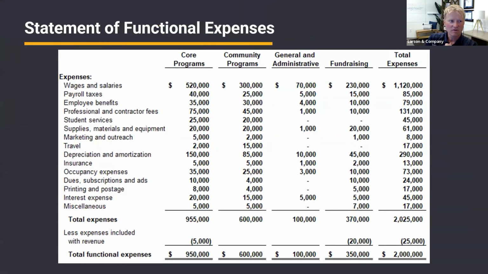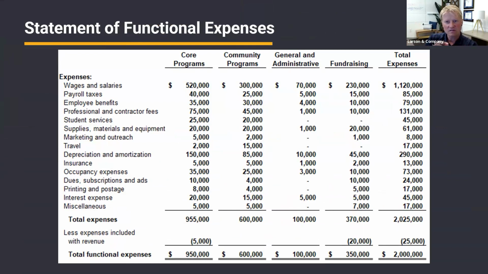Here's an example of the statement of functional expenses, just at a high level. You can see in this example there are two separate programs that are broken out, there's general administrative, and then there's fundraising, with the total expenses to the far right.